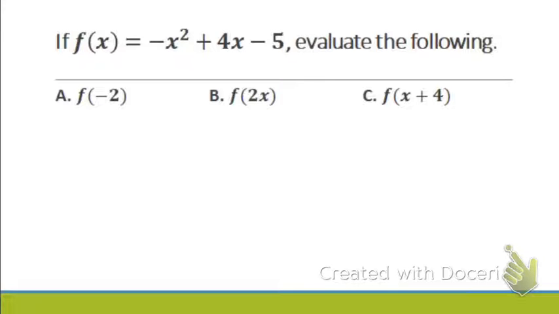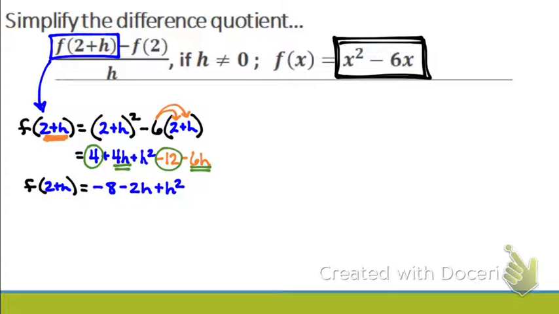You're going to put -2 in the place of all the x's. That's exactly what we're doing here. We're taking whatever's in these parentheses and we're putting it in the place of every x that we see. In this case, I'm putting 2 plus h in the place of the x's that I see. That's what that notation is telling me to do. It says take what I have inside parentheses and replace the x with that.